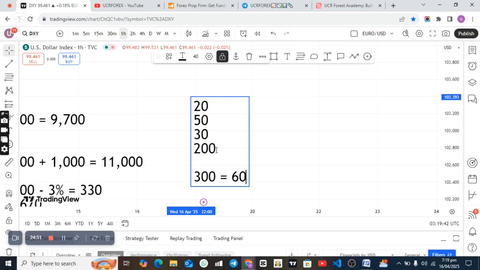So now, the way it stands, look at all the trades you took. Is any above 60? One is above 60, which is this 200. And this 200 that is above 60, you're already in a danger zone, because I said your profit per trade should not be more than 20% of your total profit.